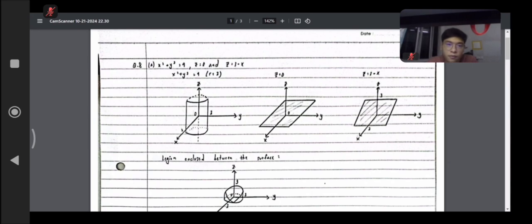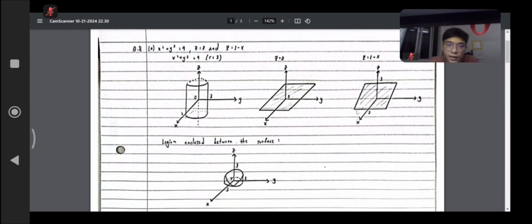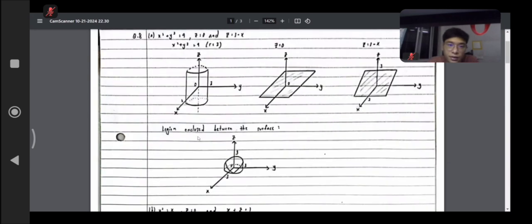The equation x squared plus y squared equal to 9 will become a circle in the 2D graph, and a cylinder in the 3D graph, as shown in the slide. The z equal to 0 is the plane of the cylinder, and z equal to 3 minus x becomes the shape that cuts the cylinder. So the region enclosed between the surfaces will be like this.